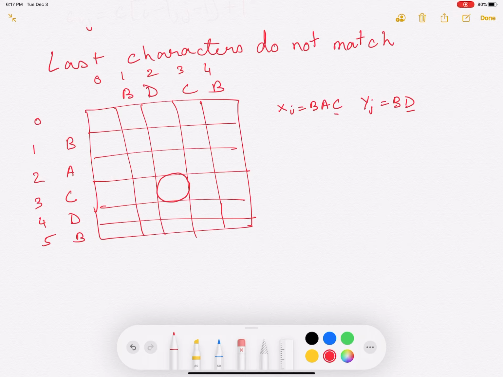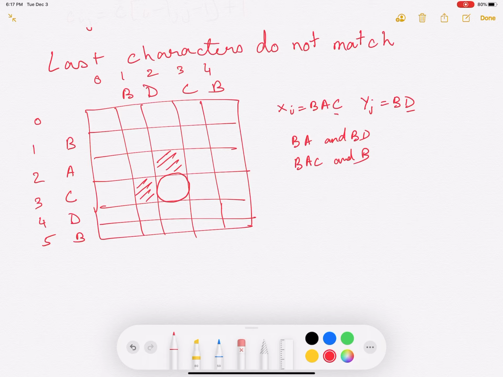So either we can find the longest common subsequence between BA and BD, which is this block here, or we can look at BAC and B, because both of them cannot be part.